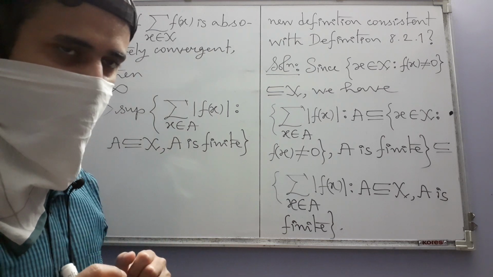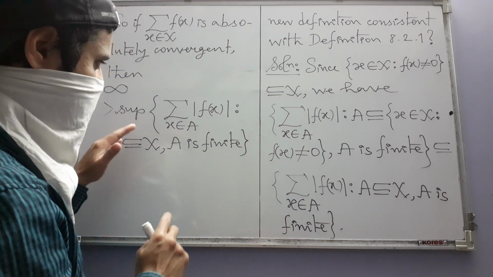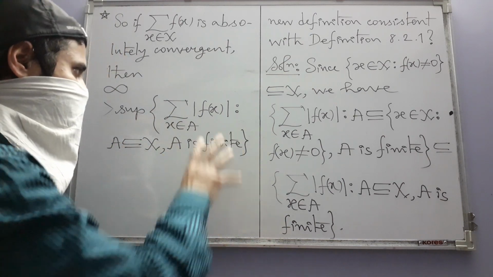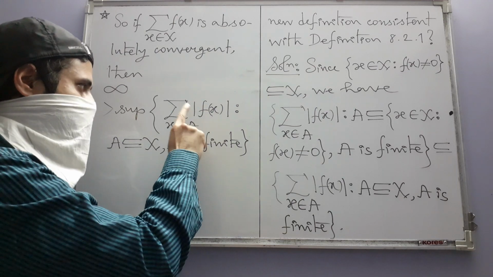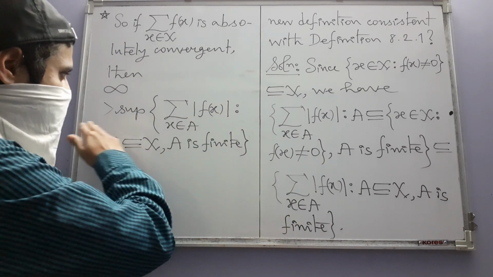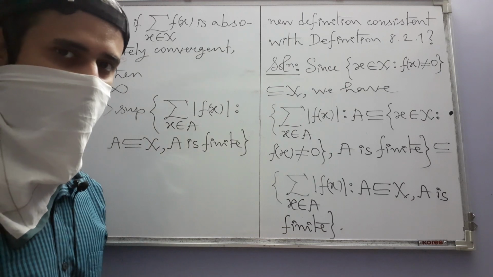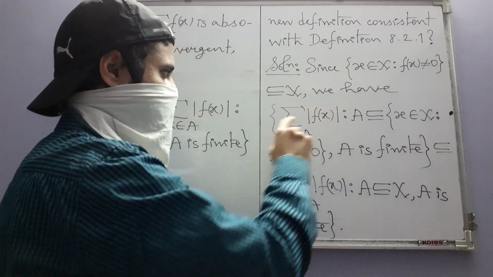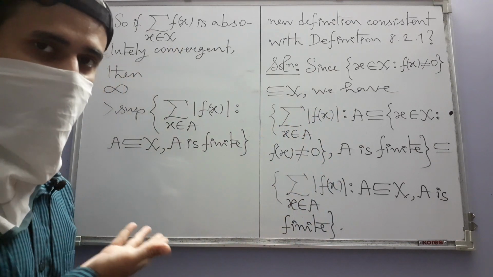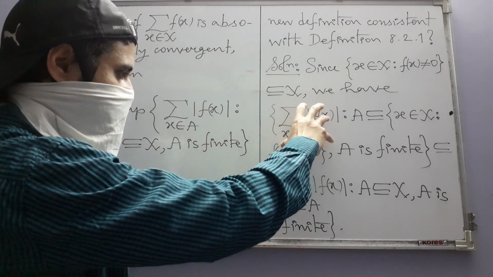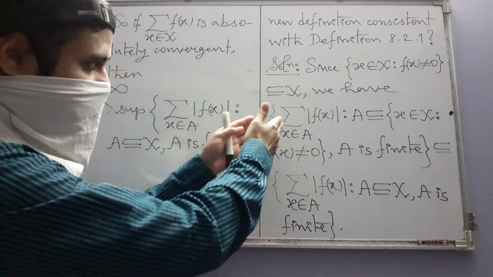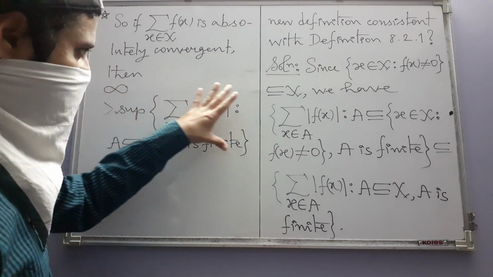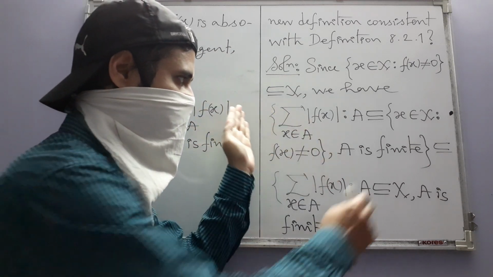Least upper bound. So the least upper bound is after all an upper bound also for this set. That means all the elements of this set are going to be less than or equal to this supremum. In particular, all the elements of this set also then are going to be less than or equal to this supremum, because these elements also belong to this set, since it's a subset of this set. And that is why this supremum will be an upper bound for this set as well.